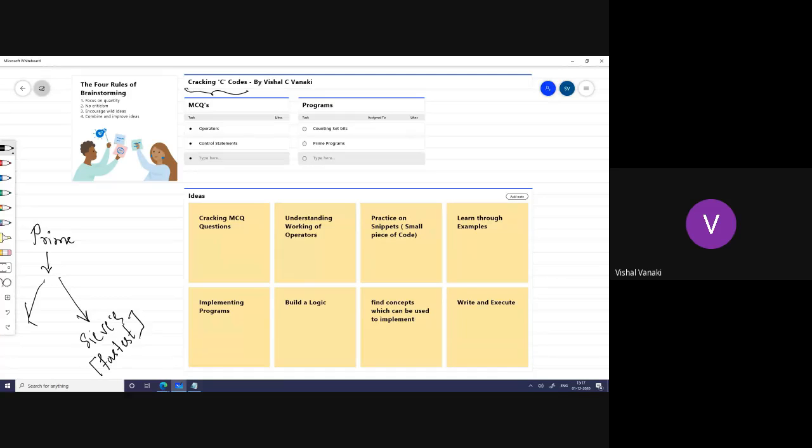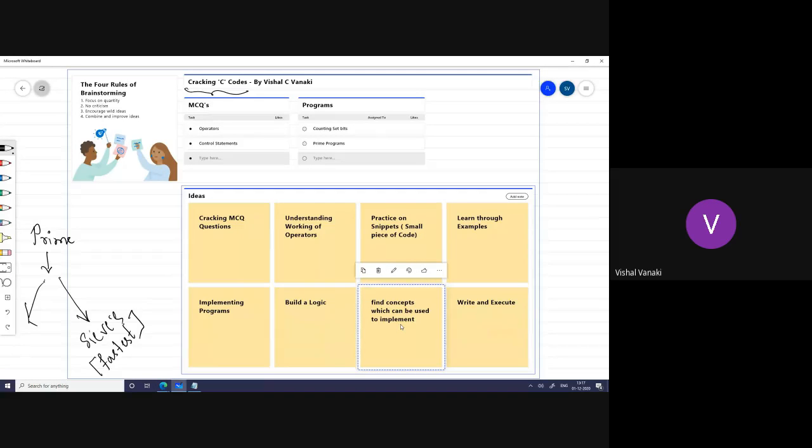So you need to come up with one logic, and then identify which concepts you can use to implement the logic which you have designed. Decide on that, then write and execute a program.